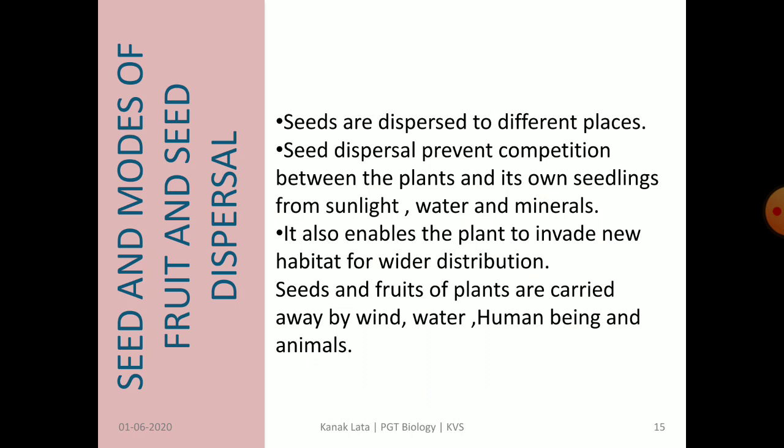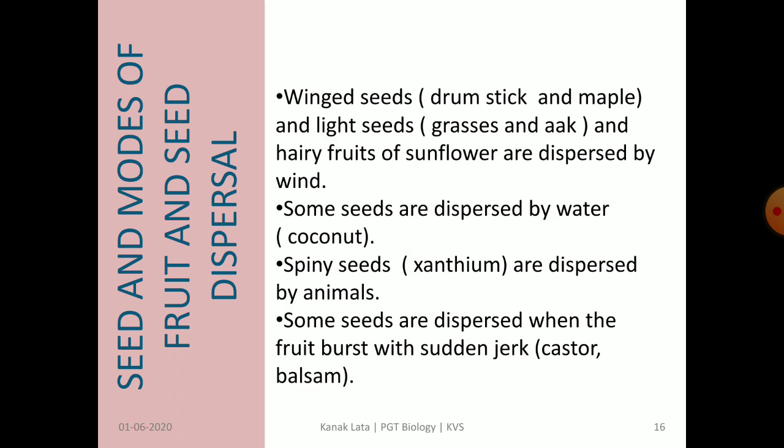Seeds and fruits of plants are carried away from one place to another by wind, by water, by human being and also by animals. Winged seeds like drumsticks and maple and light seeds like grasses and oak and hairy fruits of sunflower are dispersed by wind.